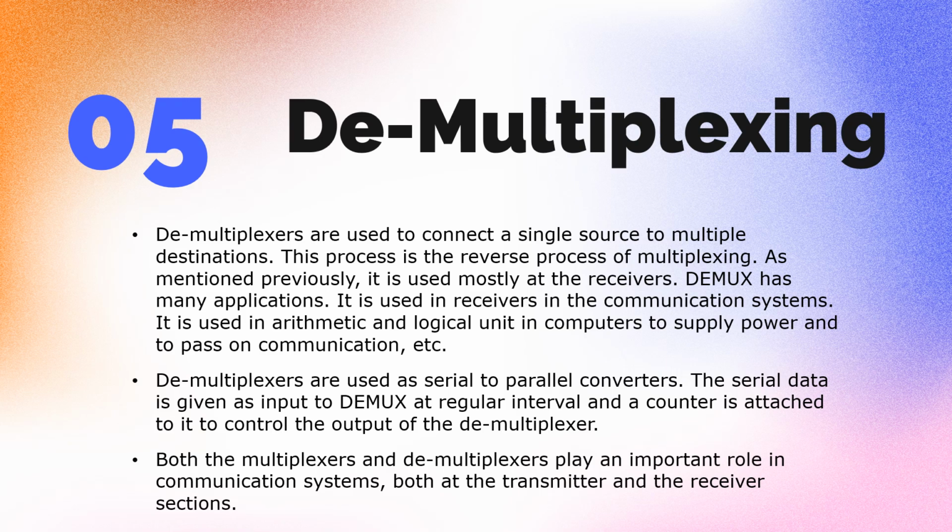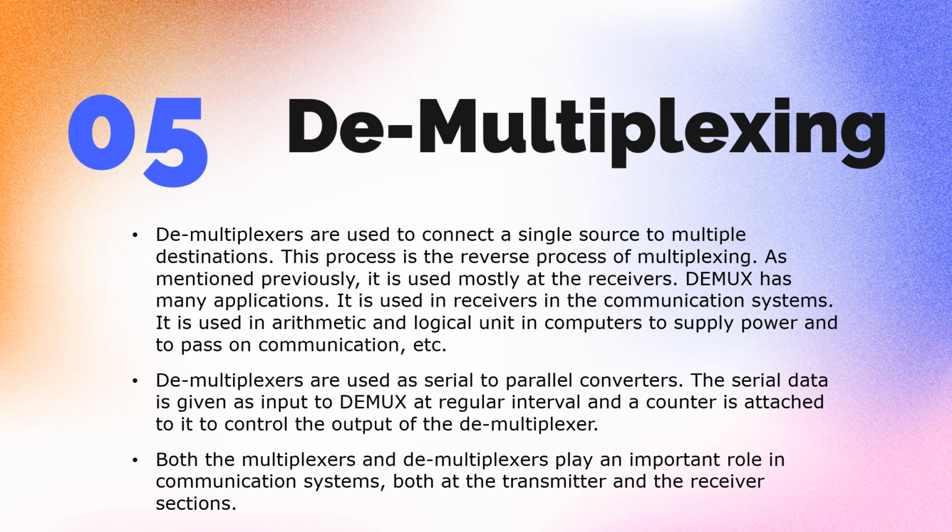Demultiplexing has many applications. It is used in receivers in the communication system. It is used in the arithmetic and logical unit in computers to supply power and to pass on communication. Demultiplexers are used as serial to parallel converters. The serial data is given as input to the demultiplexer at regular intervals and a counter is attached to it to control the output of the demultiplexer.